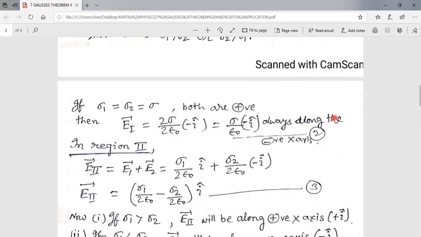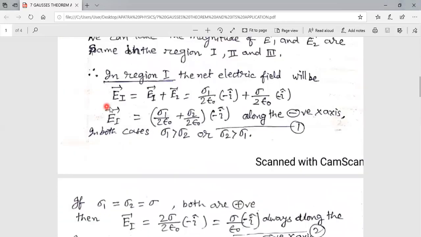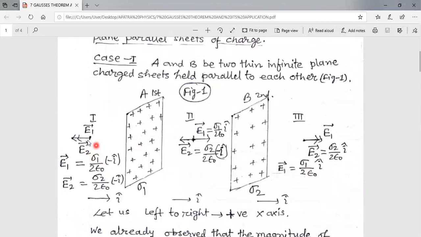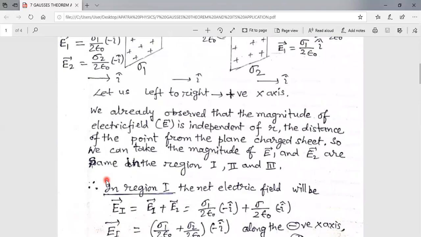That is always along the negative x-axis, from right to left. That means when the charge densities are the same in sheet A and sheet B, the electric field in region 1 will be sigma divided by epsilon naught along minus i cap.